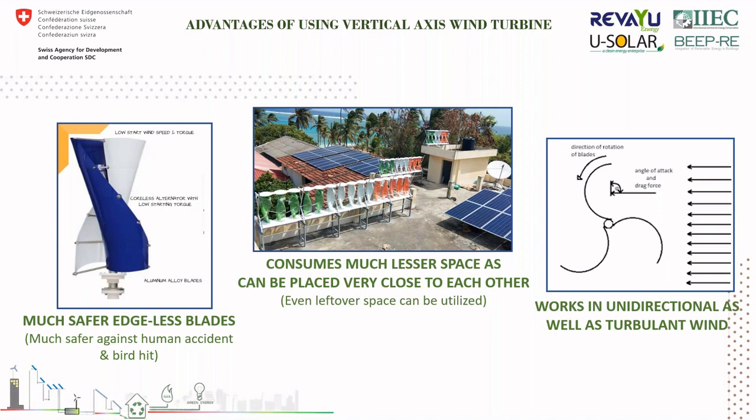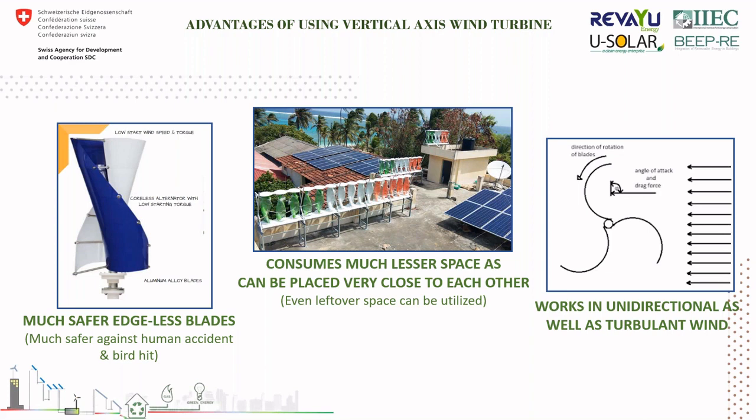Advantages of using a vertical axis wind turbine. I told you I'll let you know how the vertical axis wind turbine finds its place. It has much safer, edgeless blades, so it's safe against human accidents as well as bird hits, which has always been a concern amongst environmentalists.